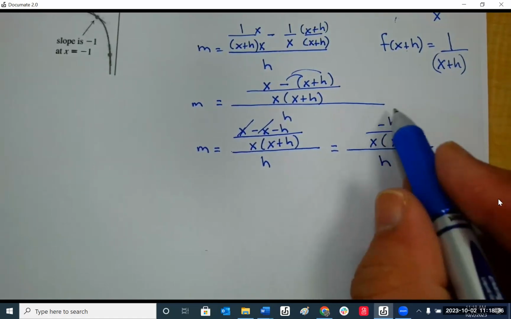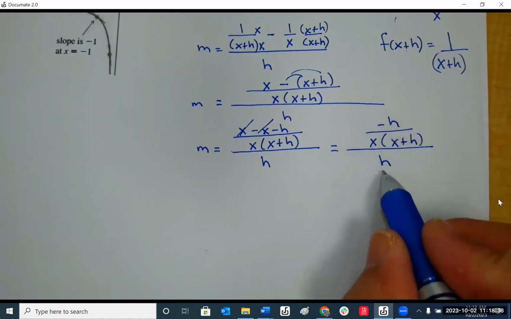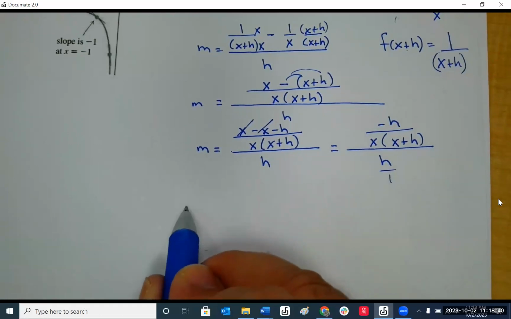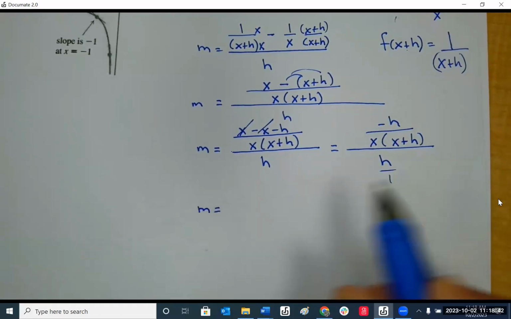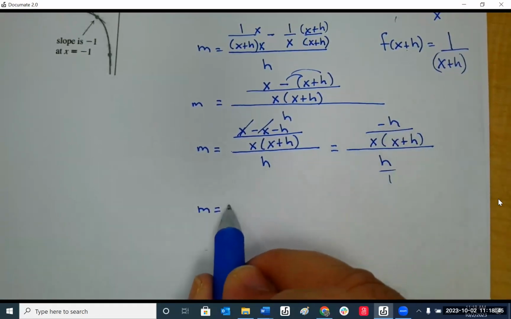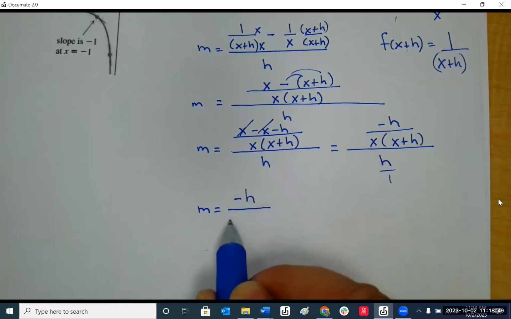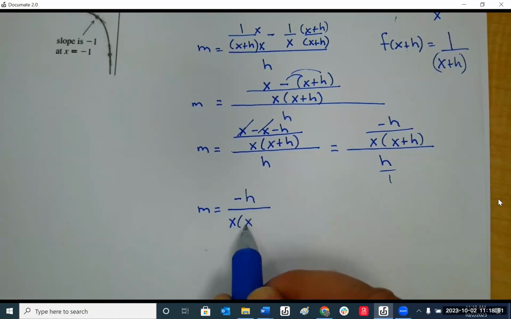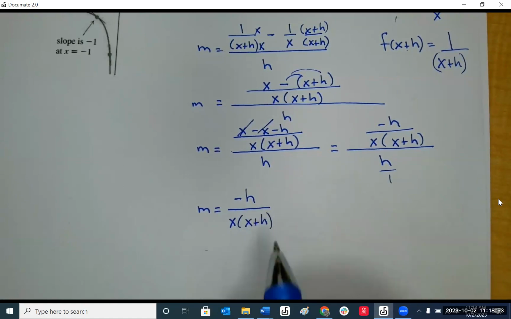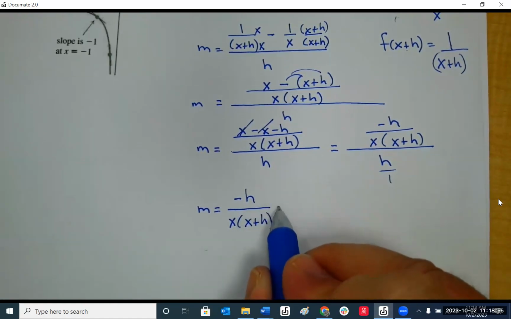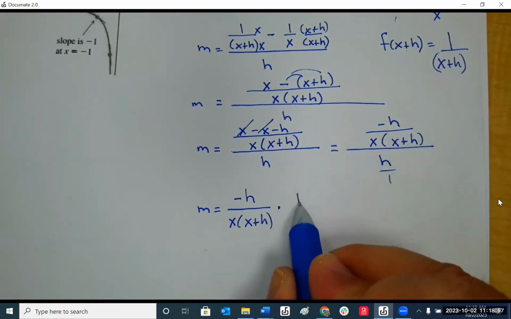Algebraically, we have a compound fraction. We have a fraction on top and a fraction on the bottom. So we take the top fraction, leave it alone, multiply by the flip of the bottom.